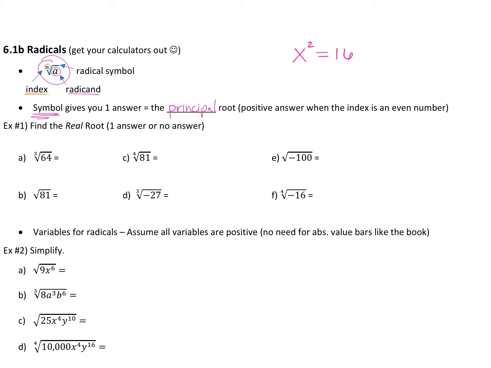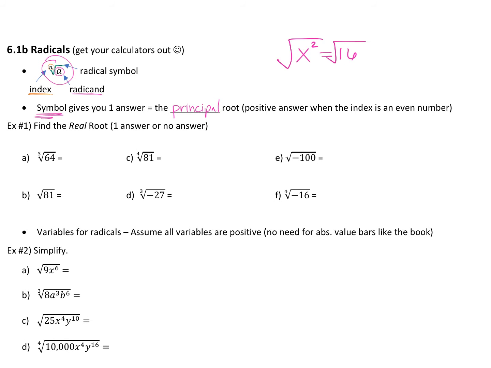When we take the square root like this, then we said x equals what? Impress me right now. Plus or minus 4, right? So in the past, when we've set it up as an equation like that, you get 2 answers.